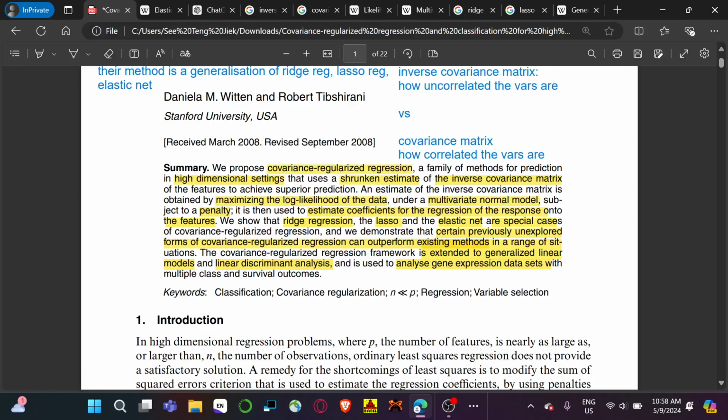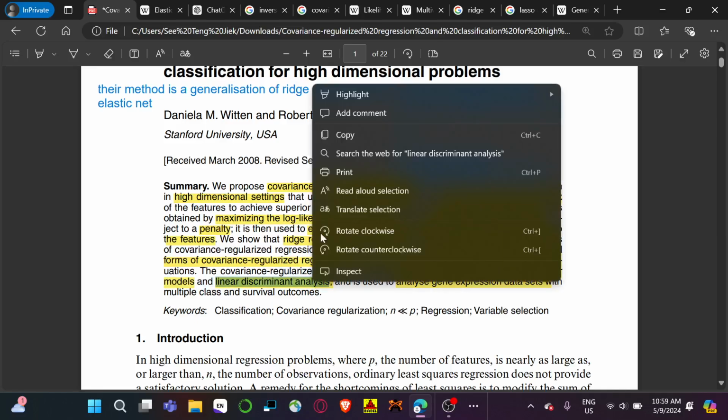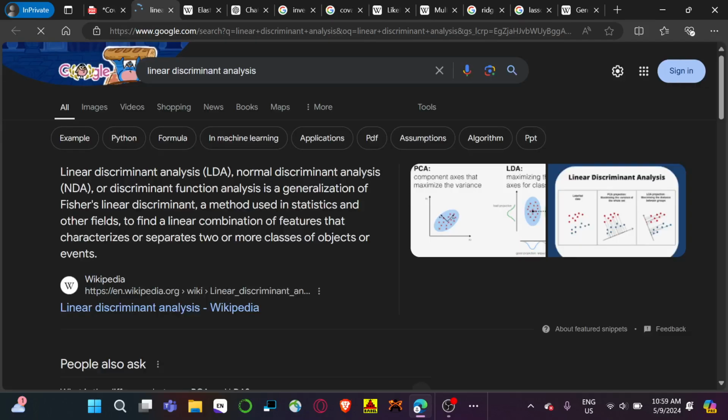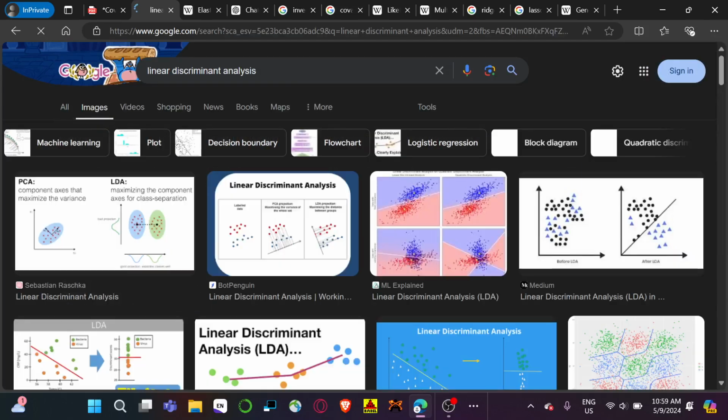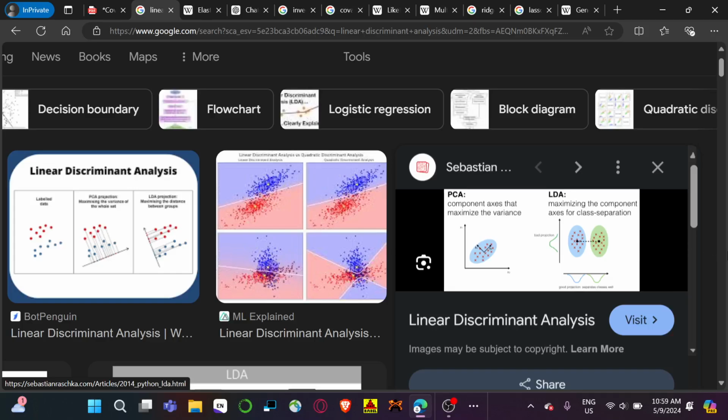So GLM is a generalization of many different regression approaches, and they say that their covariance regularized regression can be extended to GLM and linear discriminant analysis. So now let's take a look at LDA. To me, LDA is something like a counterpart of PCA, but it has some differences.